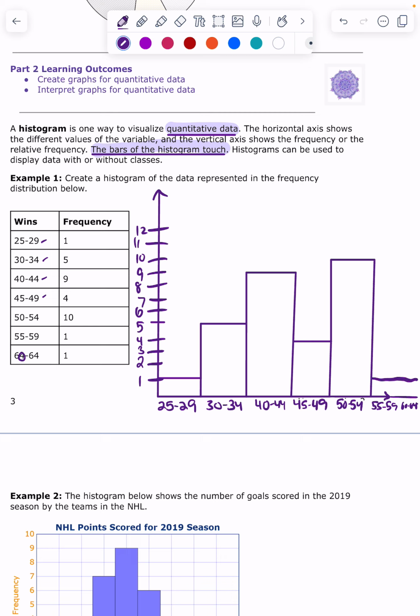So I'm going to draw one straight line across and then just split it. And those are obviously not the same width, but that's okay. The point is you got some experience drawing a histogram. And like the last one, I do want to color it in.